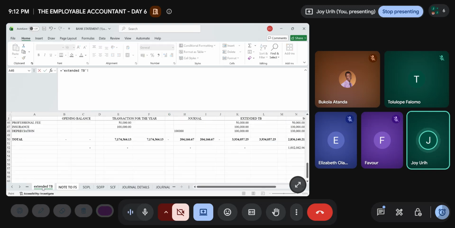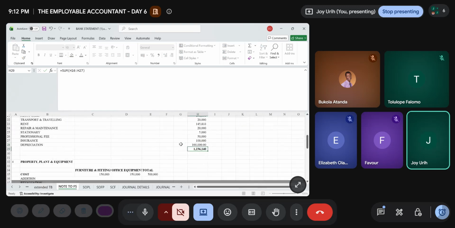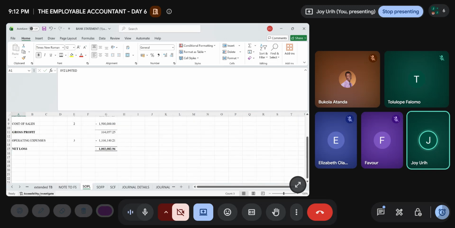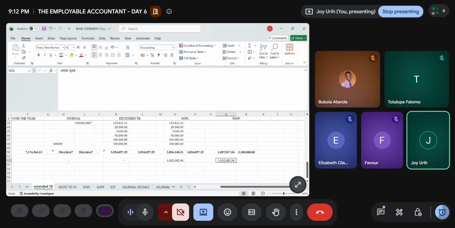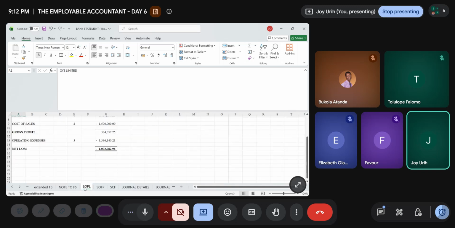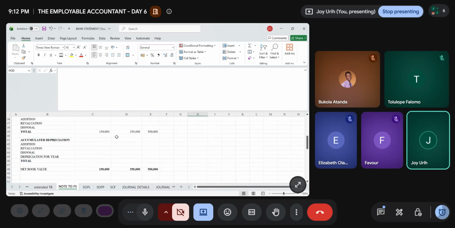So I'll go to extended TB and bring it in and check, does your summation pick it? If it does not, drag and ensure it picks it. So with this, my statement of profit or loss should agree with what I have. My loss should agree with what I have in my extended TB. So it's correct now. Then the next thing I want to do, bring in my accumulated depreciation.